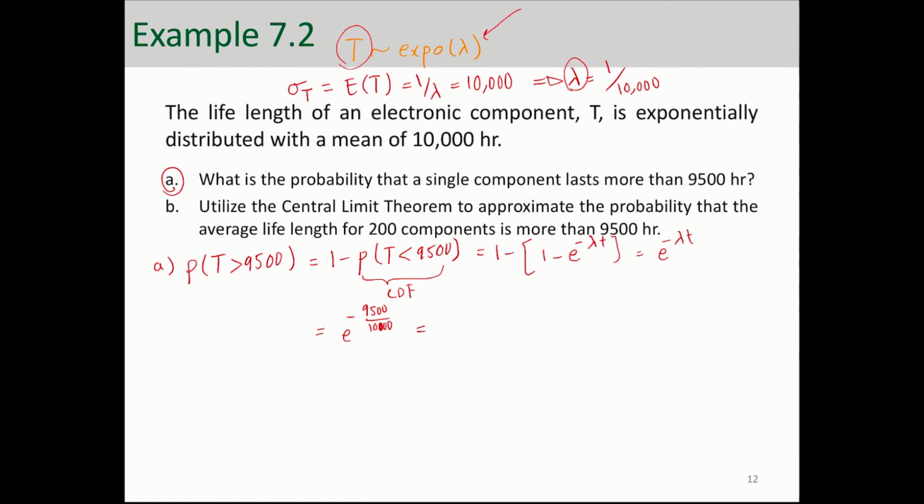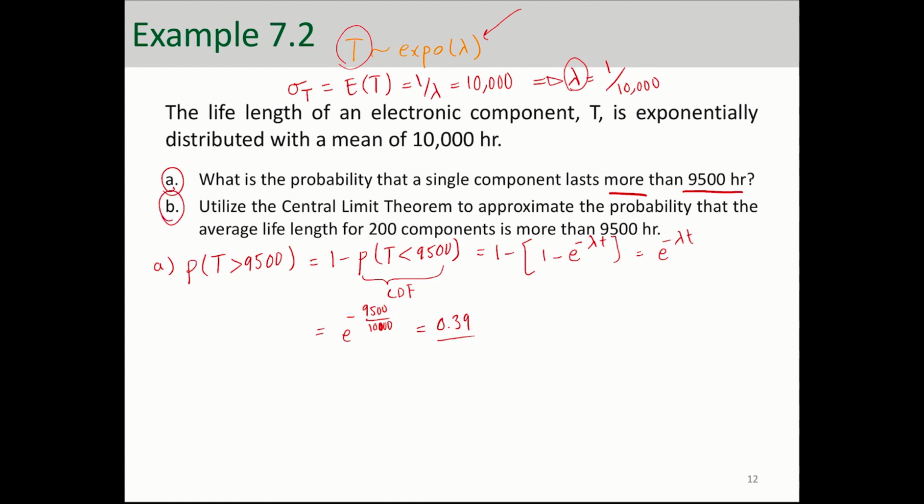Then you calculate that, and you'll get 0.39. So there is a 39% chance that the life of this component lasts more than 9,500 hours. That was nothing new, and we already knew how to calculate that from the previous modules.